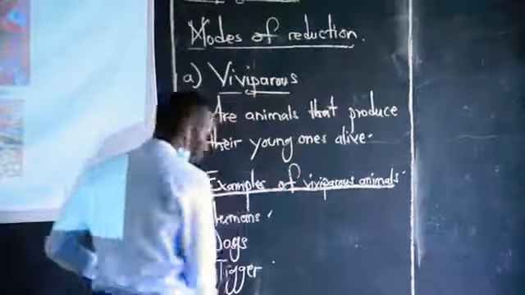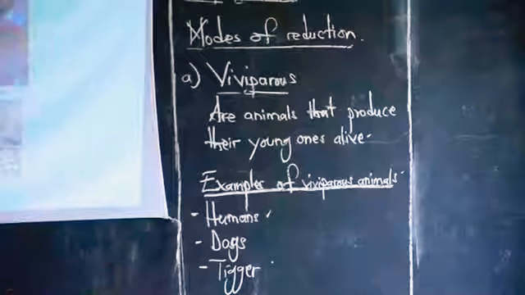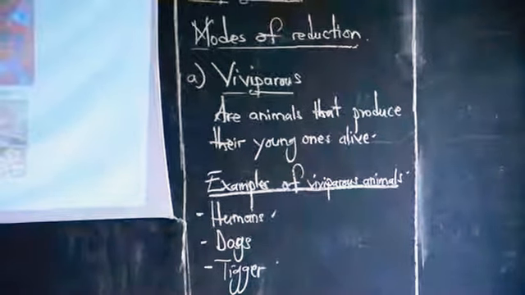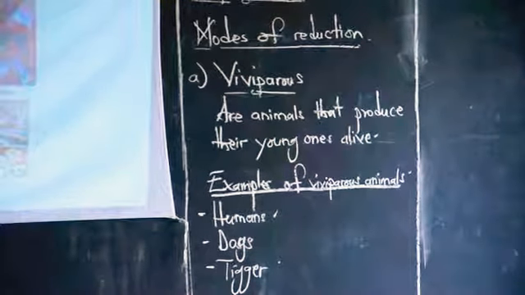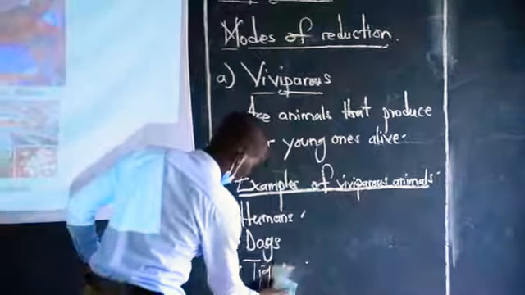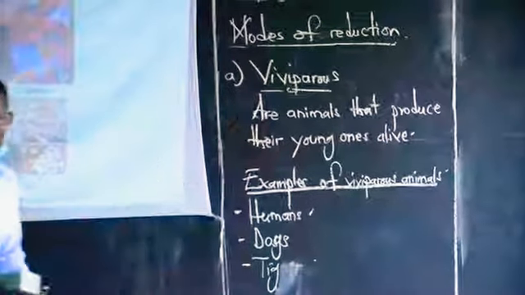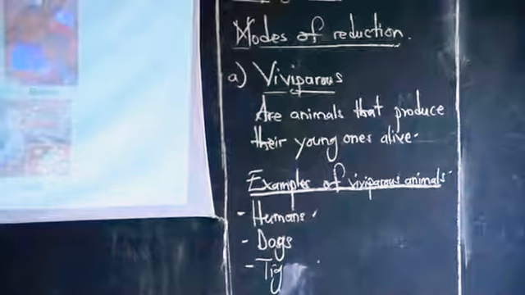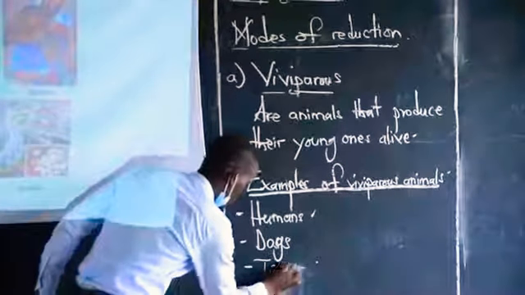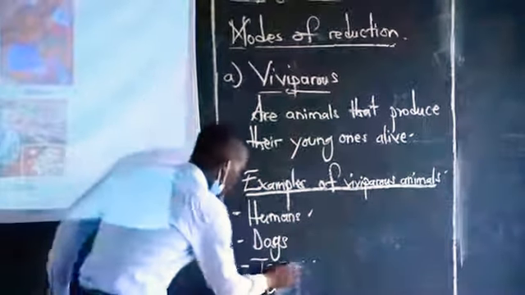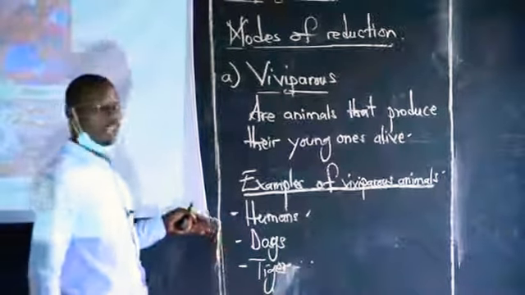I can just simply write it as a single letter, G, the tiger. Check for animals that are viviparous.